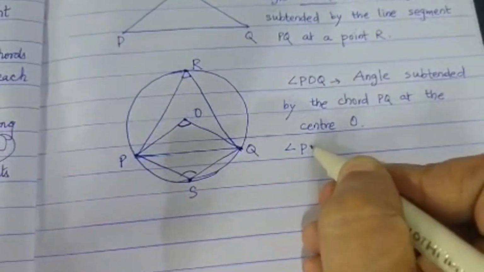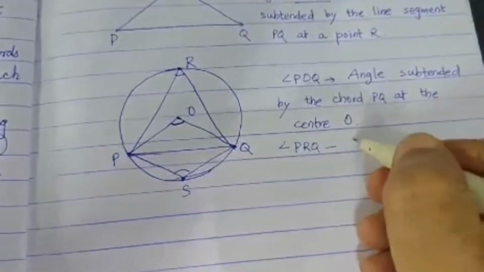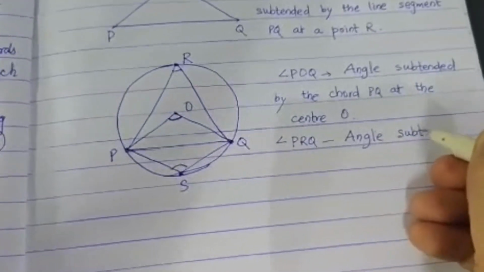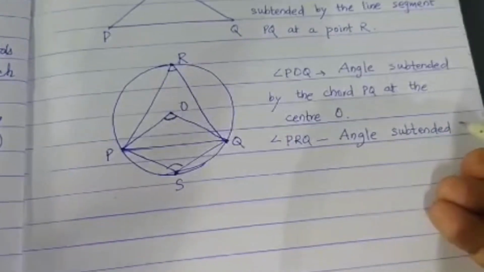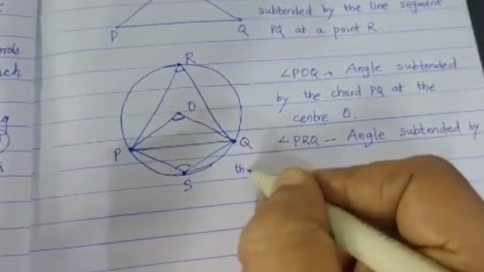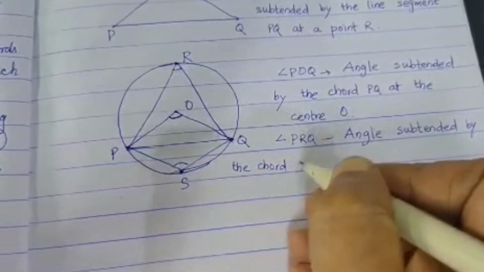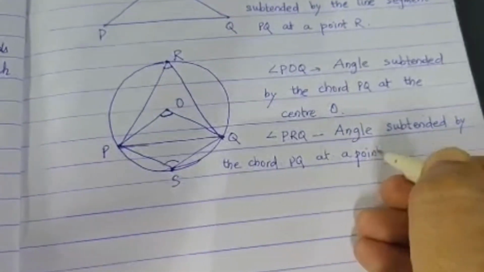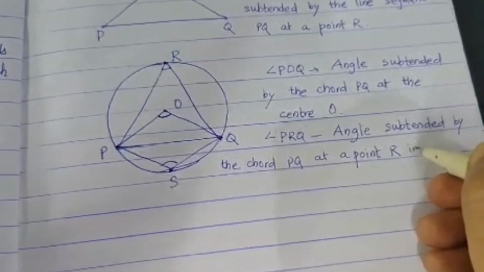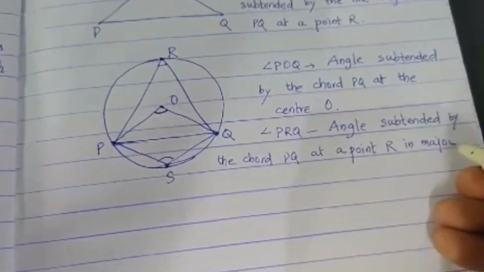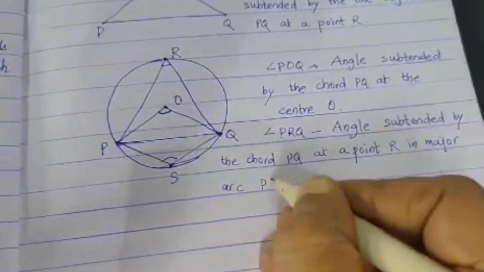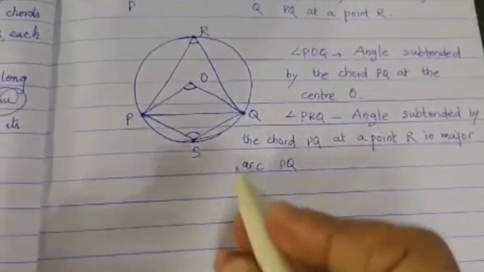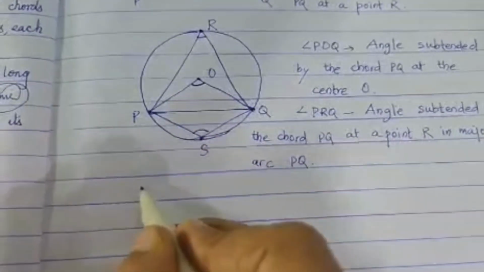Similarly, angle PRQ is the angle subtended by the chord PQ at a point R in major arc PQ. This is clear. Now there is one more angle, angle PSQ.